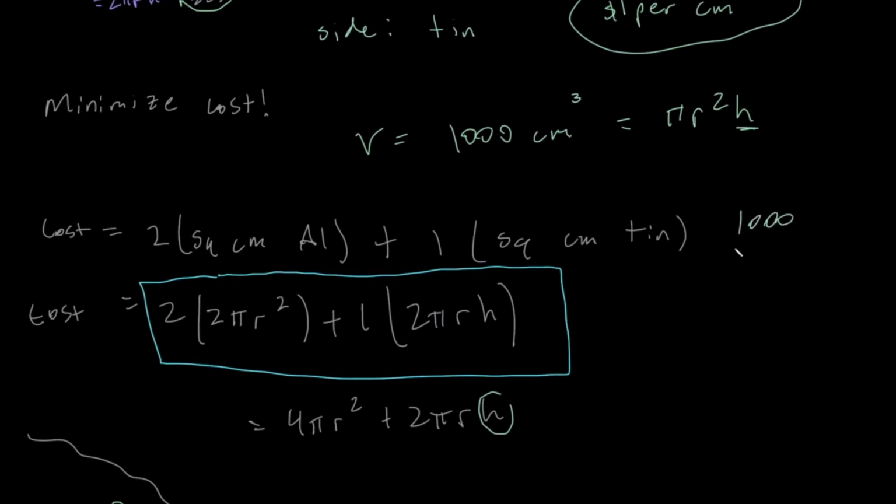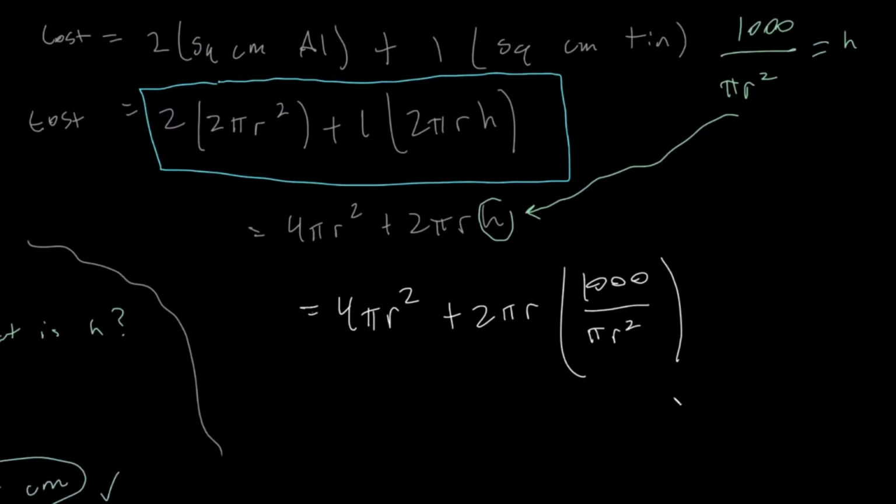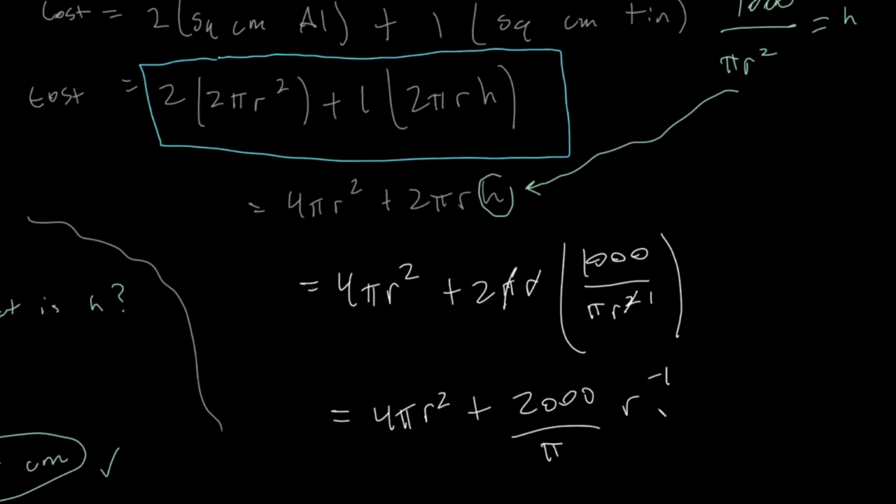So 1,000 divided by pi r squared is h. So I'm going to put that in here. So here I have cost is 4 pi r squared plus 2 pi r h, where h is 1,000 divided by pi r squared. So these pi's will cancel, these r's will cancel, this becomes a 1. And so I get 4 pi r squared plus 2,000 divided by pi r. I'm going to write r to the negative 1.